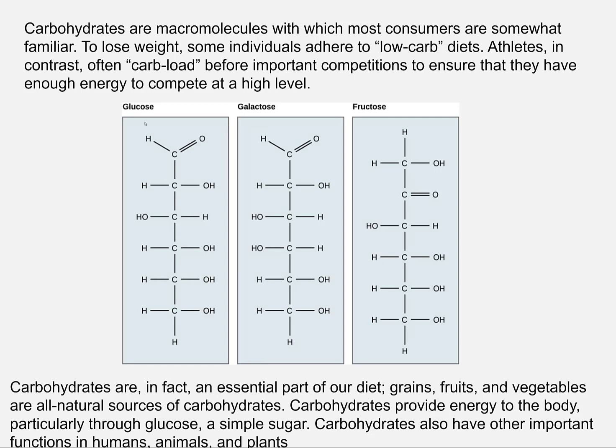But here's the linear version of glucose. I had shown you the circular portion with the oxygen being sort of the go-around, but we can see the oxygen here. But here's the various carbons as a chain. So there's glucose, galactose, and fructose. And if you look between galactose and glucose, really we're comparing.